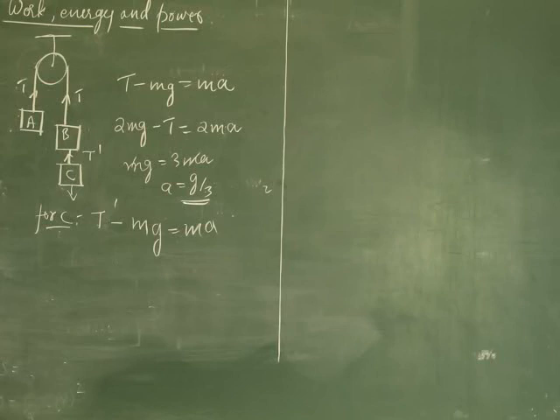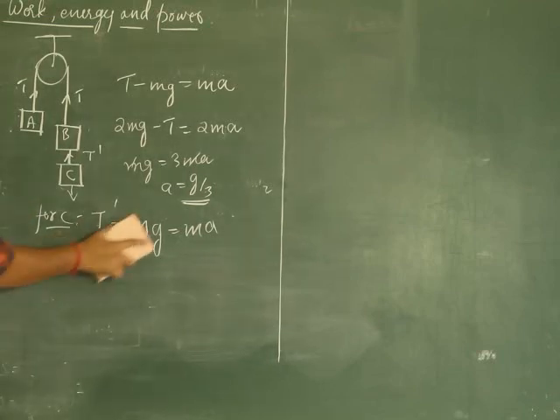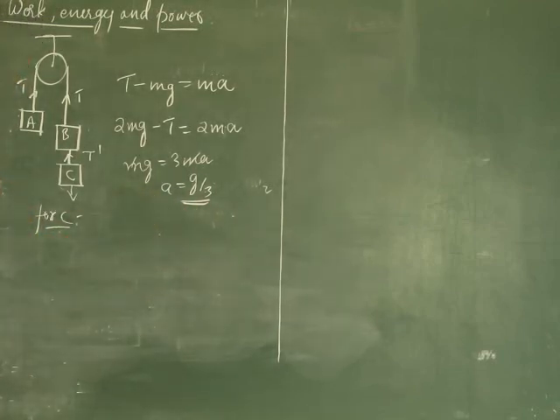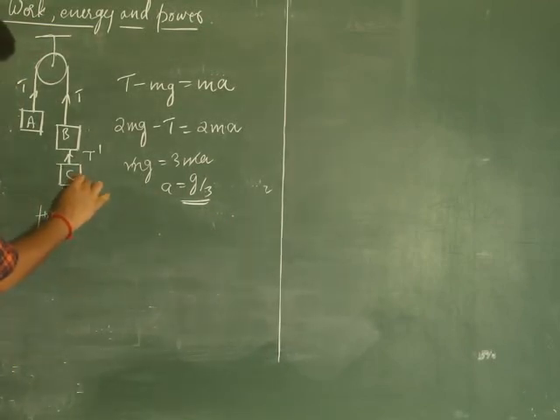So next, what we can understand from this? So T dash minus mg, whether it is going upward or downward, it is going downward. So it is not T dash, okay, let us make a change here. It's because it is for C, that is why. So this will be going downward.